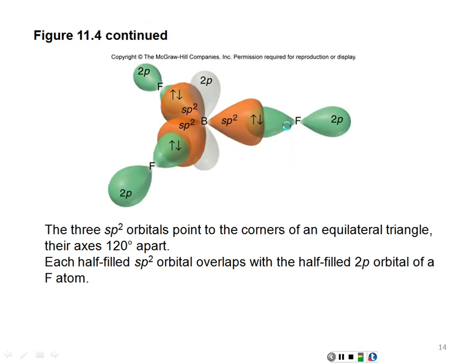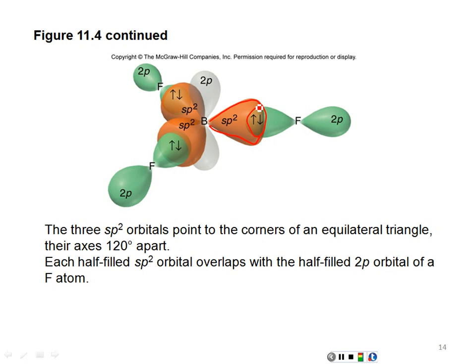Here's the 3-dimensional picture of a molecule that boron will form, boron trifluoride. Now you see that we have, in orange, the 3 identical sp2 orbitals, and they interact with p orbitals on the fluorine, and there are now 2 electrons that are shared, and they have paired spins.